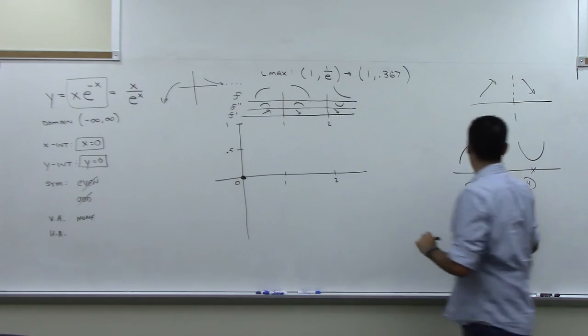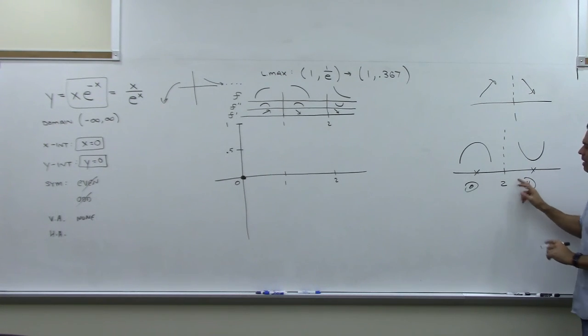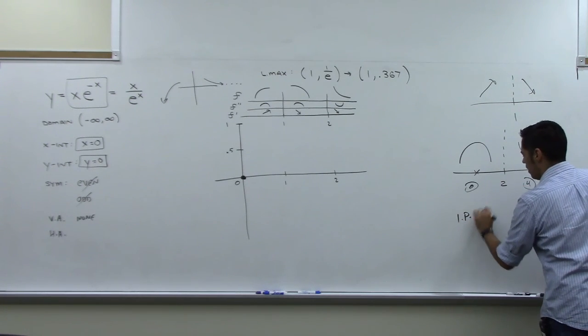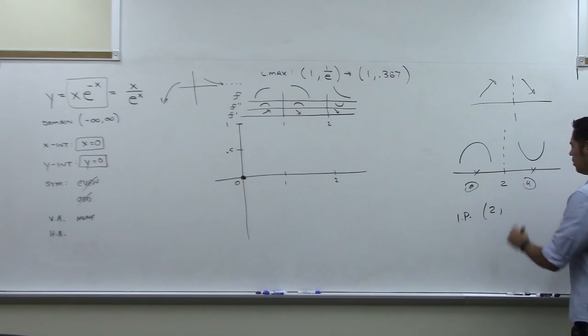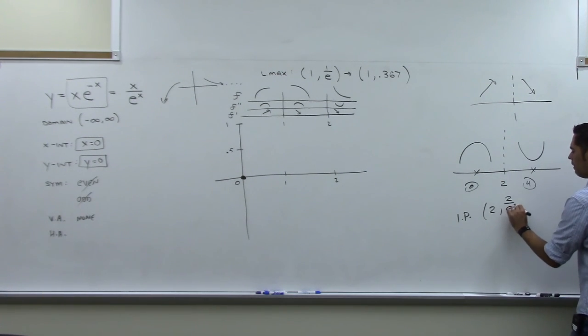Now you know what I didn't do is get the inflection point. I didn't actually get what it was. The inflection point is what happens when I plug in 2. When I plug in 2 into the original function, I get 2 over e squared.